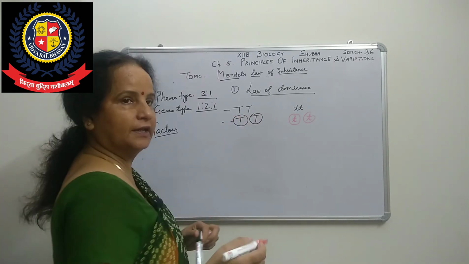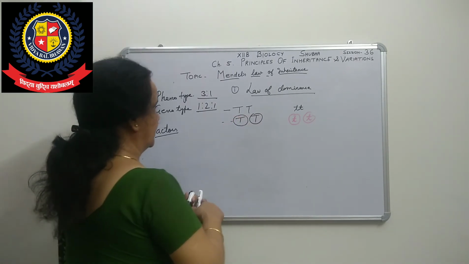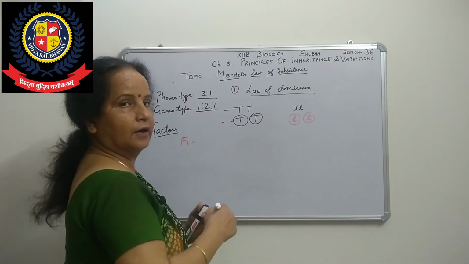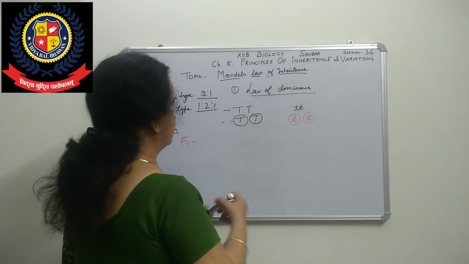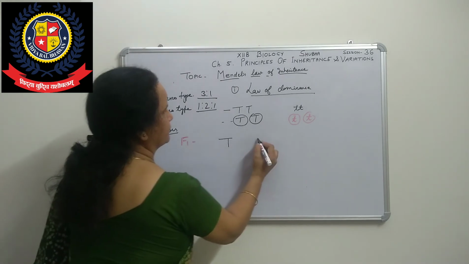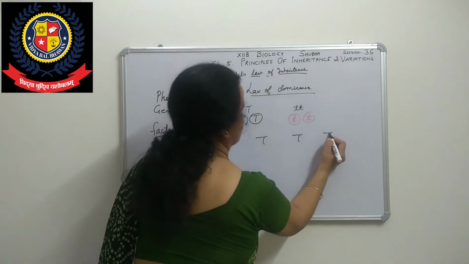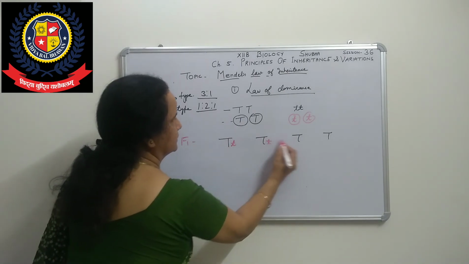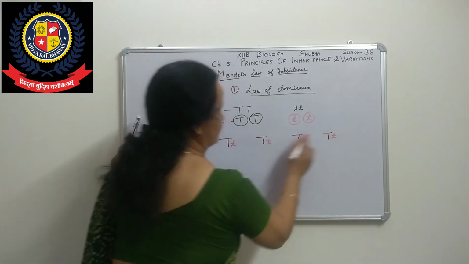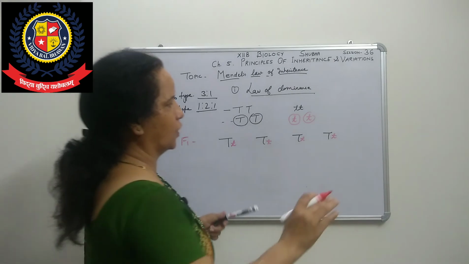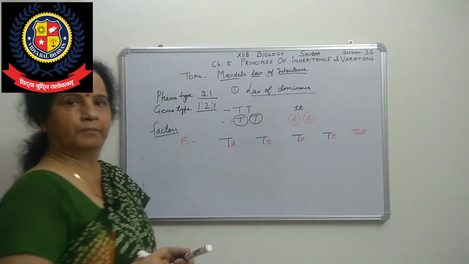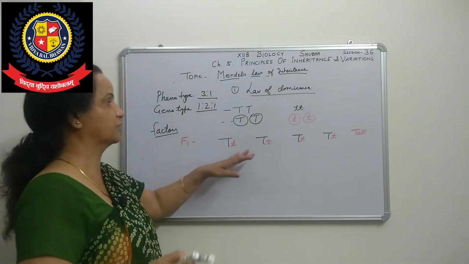Now in the F1 generation, what we are getting here are all heterozygous, these are dissimilar. In the F1 generation we will see all are tall.